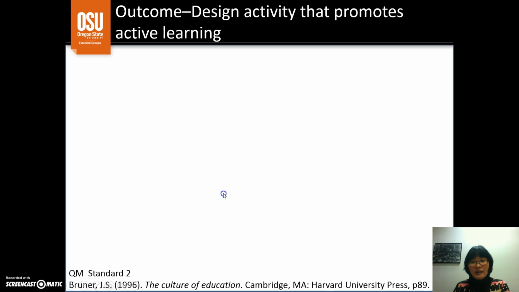With that being our prior knowledge of what online learning is, next let's look at active learning and how we design active learning based on Bruner's The Culture of Education. There are 4 aspects of active learning according to Bruner.